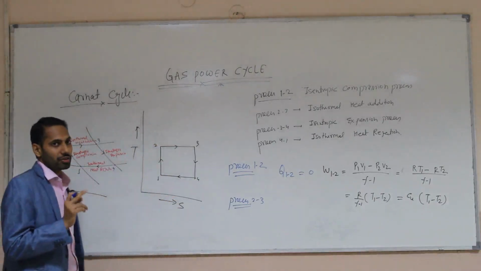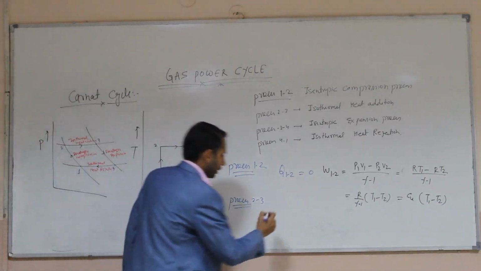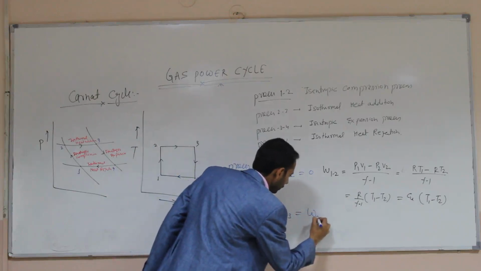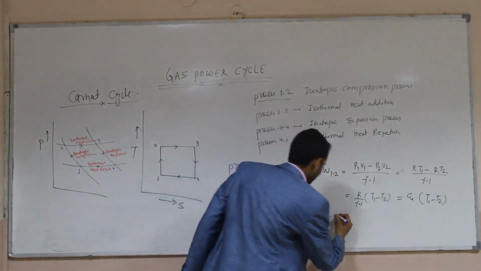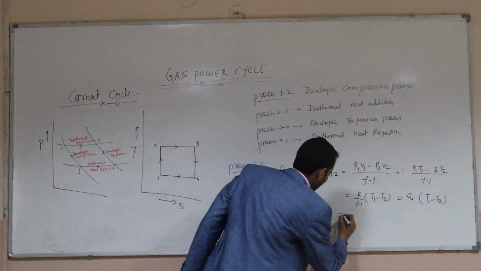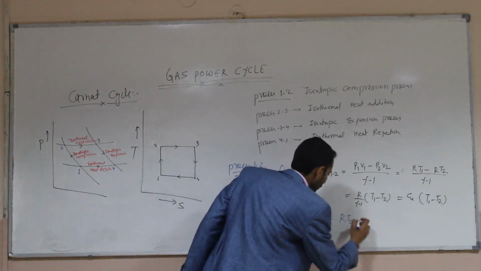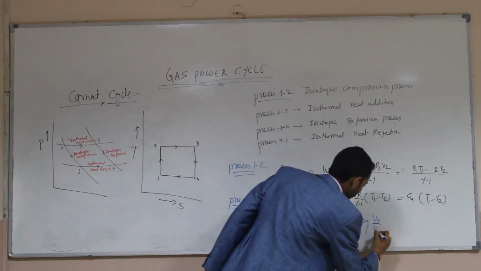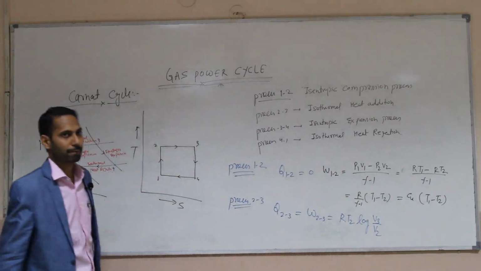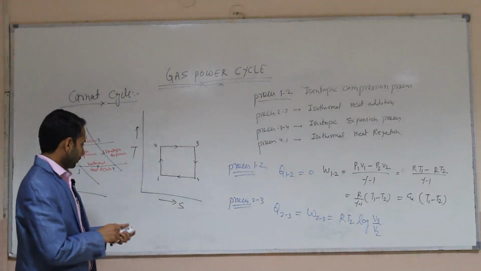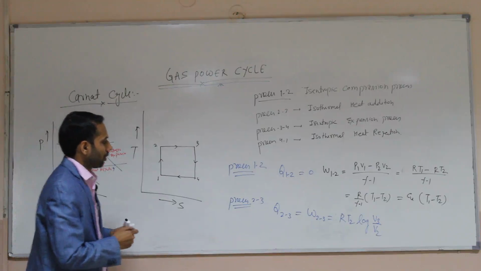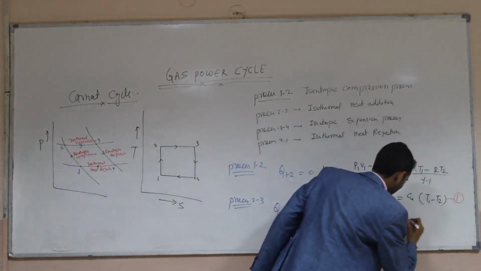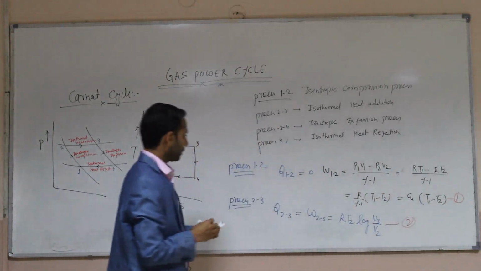From the ideal gas equation, we will know that Q2 to 3 is equal to W2 to 3, which is equal to R T2 log V3 by V2. Let us call this equation number 2.